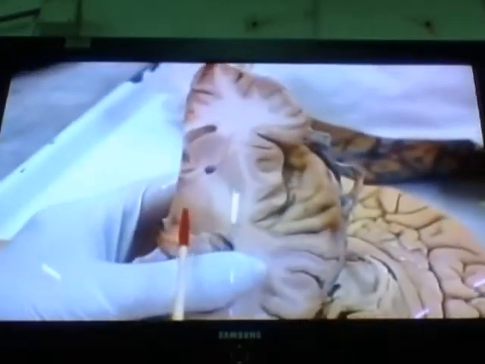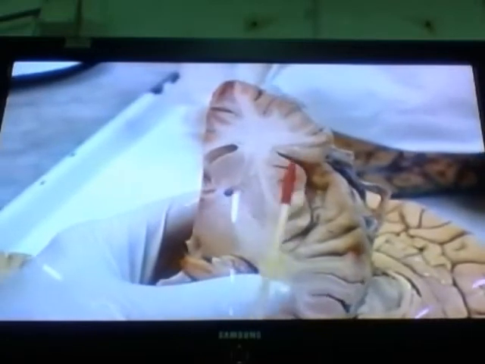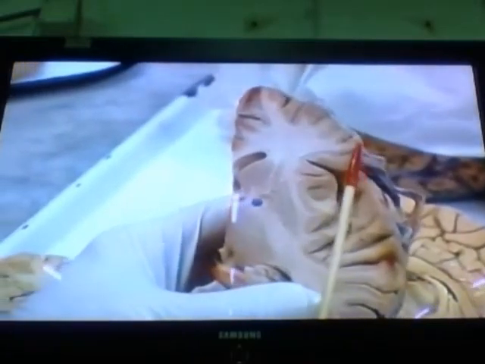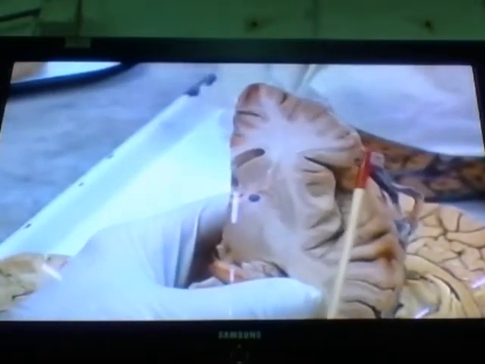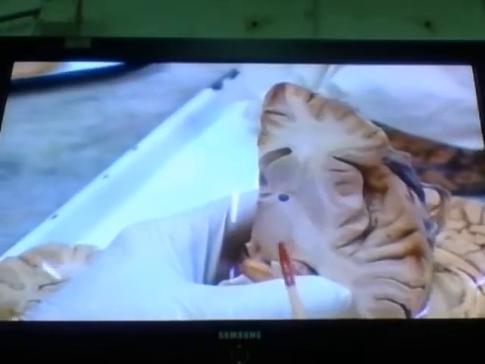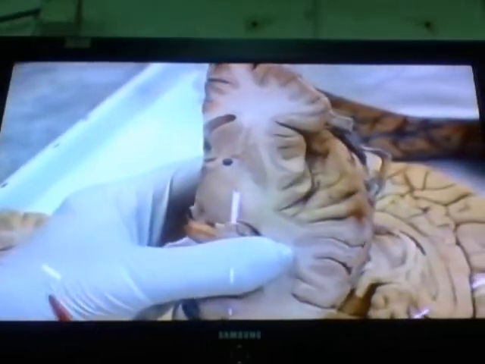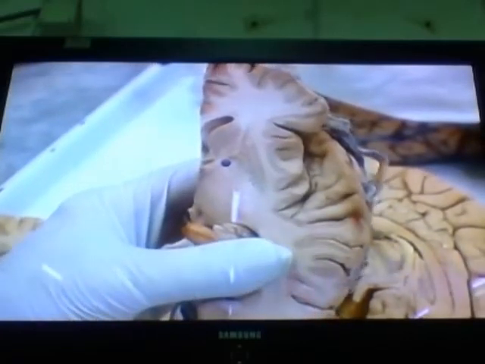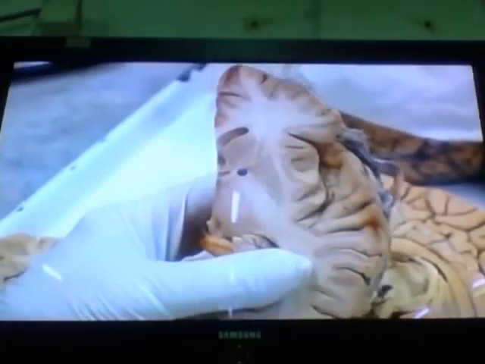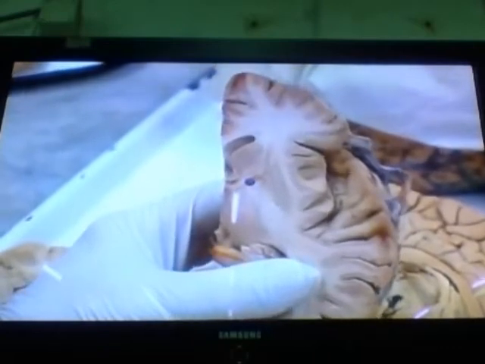Okay? So there we see the internal capsule, and somebody was discussing a very interesting thing with me. Examine your MCQs clearly. Remember that the middle cerebral artery supplies the precentral gyrus, and the lower part of the precentral gyrus is where the head is represented, where you get the corticobulbar tracts.